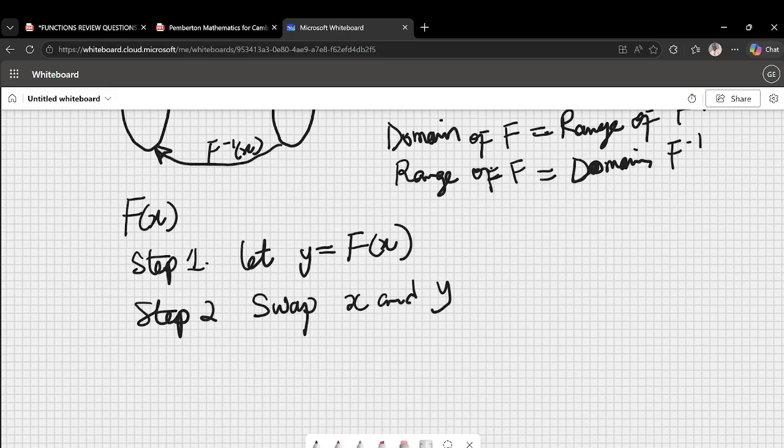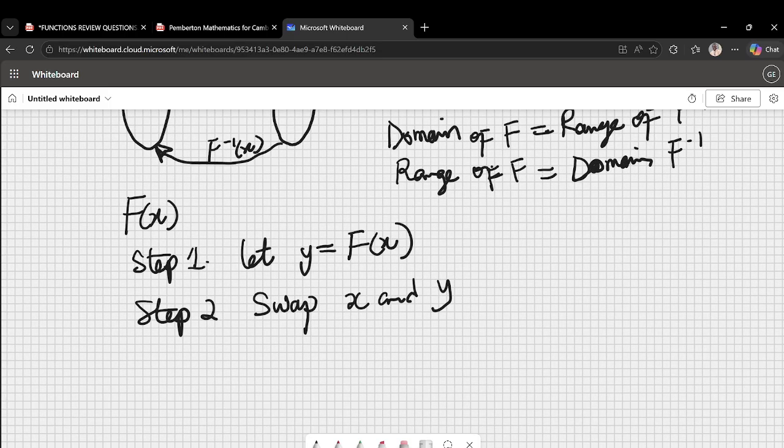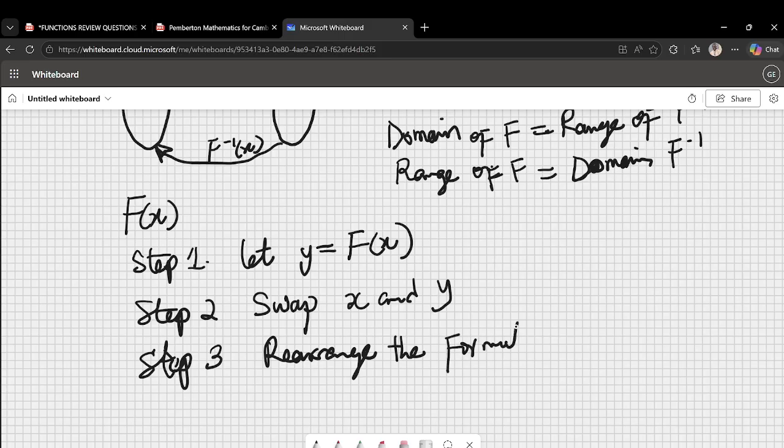That means that wherever you have x in the function, change it to y, and wherever you have y, change it to x. The final step, step 3, is to rearrange the formula to solve for y, or make y the subject of the formula. If you have done that, you have automatically gotten the inverse of that function.